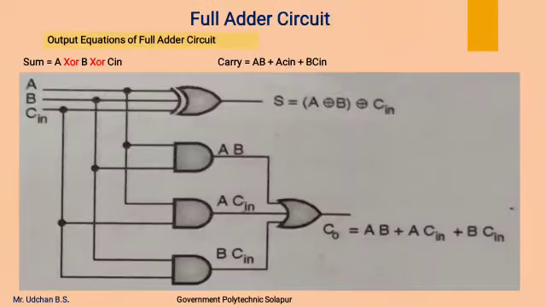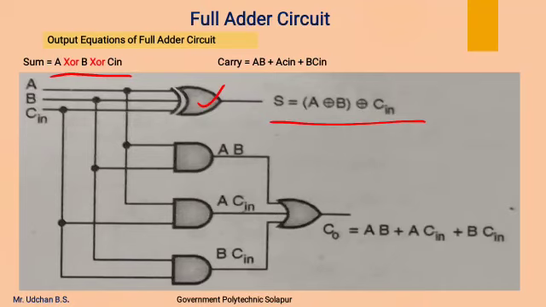From these two equations, now we can draw a logic diagram. First, in all there are 3 variables A, B and C in. These are the 3 lines of A, B and C in. For sum, the equation is A XOR B XOR C in, so a 3 input XOR gate is taken over here to get the equation of sum.